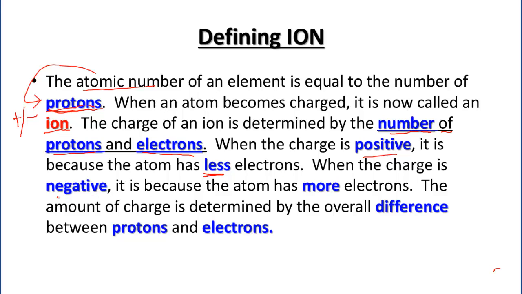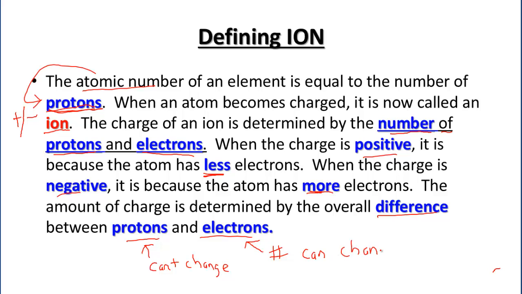When the charge is negative, it's because it has more electrons. We can only change the number of electrons. So the amount of charge is determined by the overall difference between those protons and electrons. We can't change this. Can't change the number of protons, but the number of electrons can change.